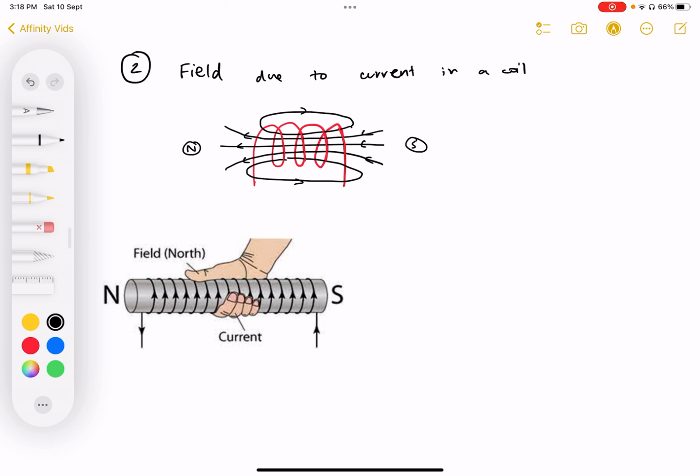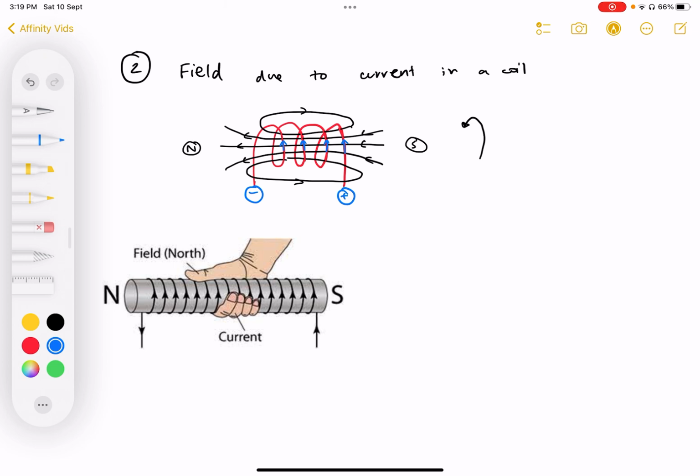When we do this, we know that the current is going this way. And so we know this has to be positive and this has to be negative, because our positive will be going to our negative. So these are the two contexts in which we can use the right hand grip rule.